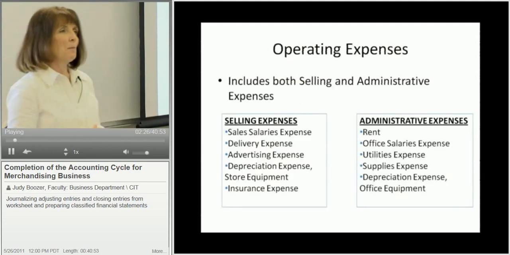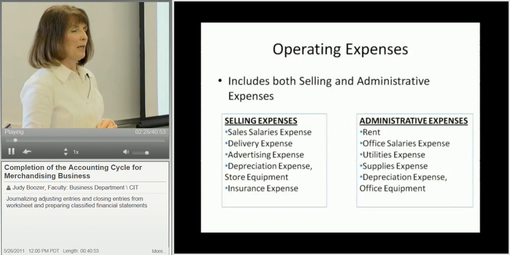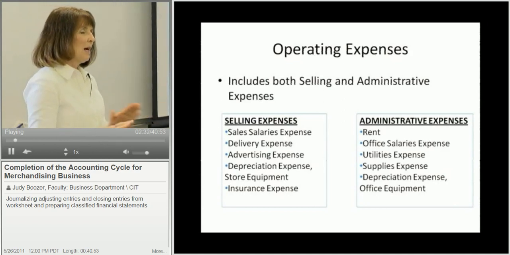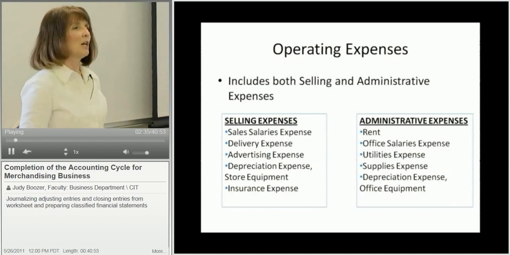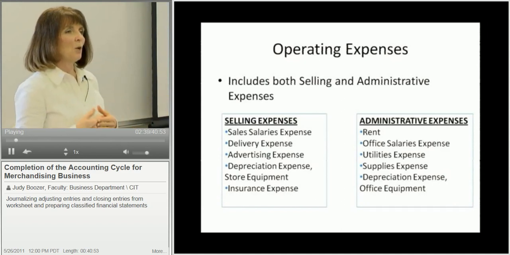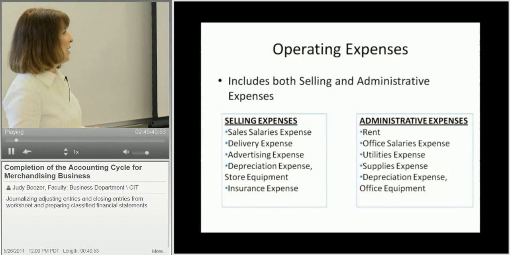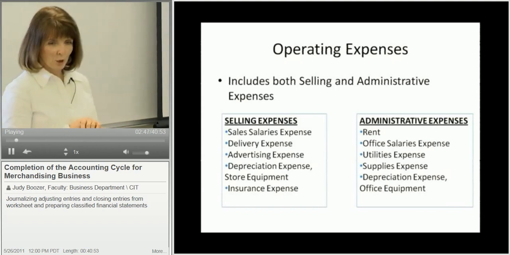Let's talk for a minute, though, about those operating expenses. Because before we simply listed them, operating expenses, and we just listed all expenses. They actually can be categorized. And so on a classified income statement, they are classified. So let's talk about which classification they will fall into.